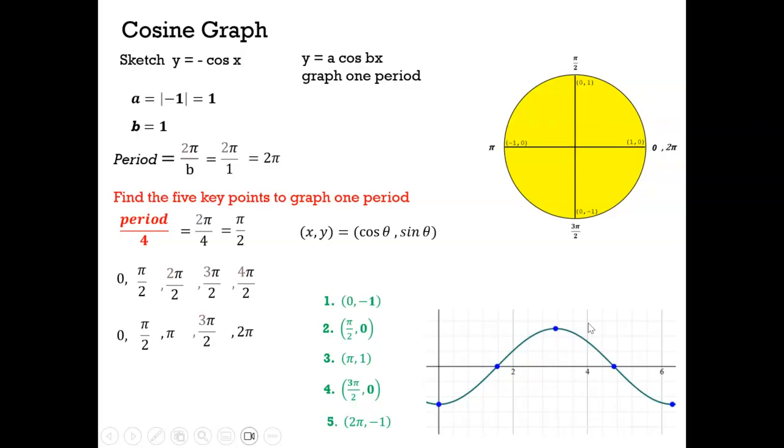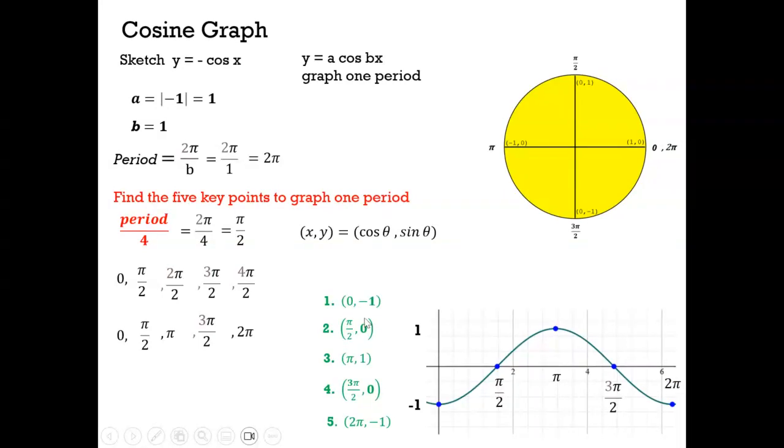Now for the graph, here's my graph. It goes from negative 1 to 1, that's my amplitude. I tried to find a graph that had the radians, but I couldn't find one. So this point here is my pi over 2, this will be my pi, here at the end will be 3 pi over 2, and here will be my 2 pi.